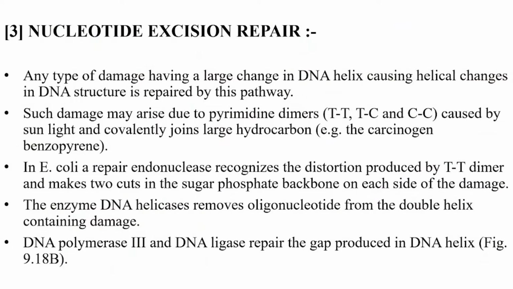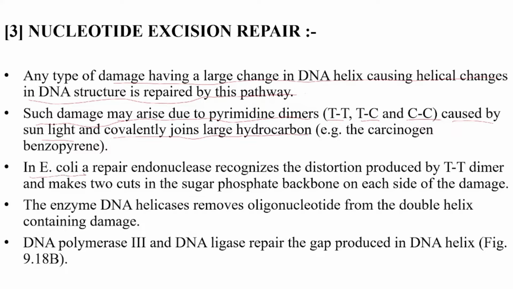What happens in nucleotide excision repair? Any type of damage causing a large change in the DNA helix, that is, helical changes in DNA structure, is repaired by this pathway. Such DNA damage may arise due to pyrimidine dimers, that is TT, TC, CC, caused by sunlight, or covalently joined large hydrocarbons.